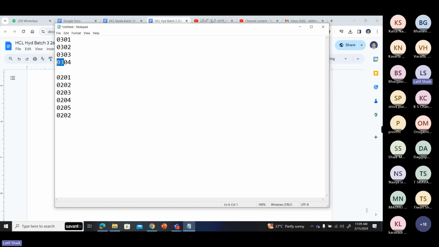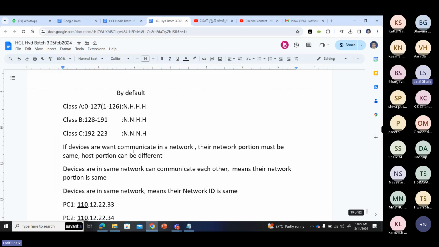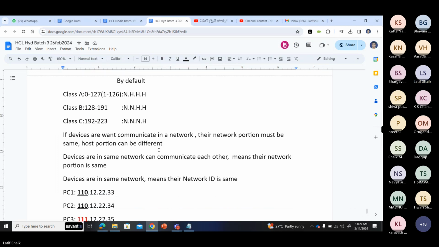The network portion must be the same in case you want to communicate. If devices want to communicate in a simple single LAN network, their network portion must be the same. The host portion can be different. I have written 'can be different' because I cannot write the entire line.